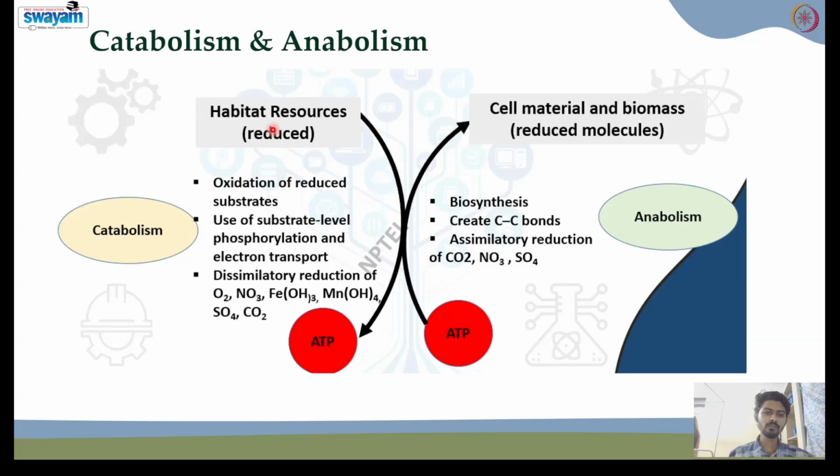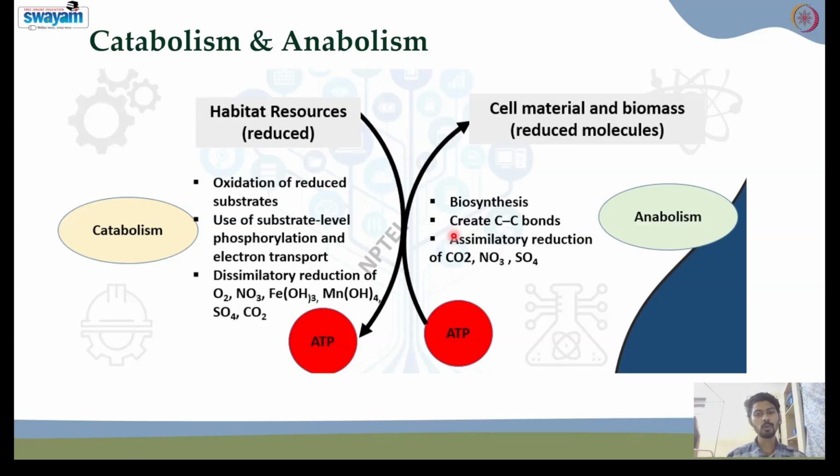In catabolism, the substrate is converted into ATP, where oxidation of reduced substrate happens through substrate level phosphorylation followed by oxidative phosphorylation and the electron transport chain. Here, the dissimilatory reduction of O2, NO3, Fe(OH)3 happens.